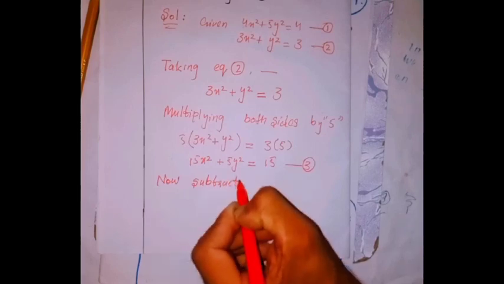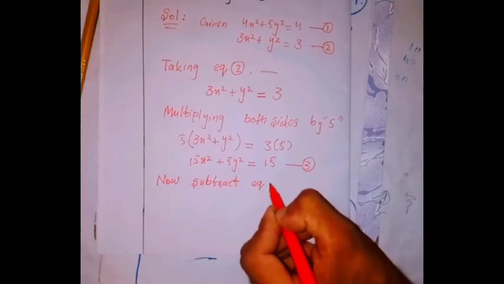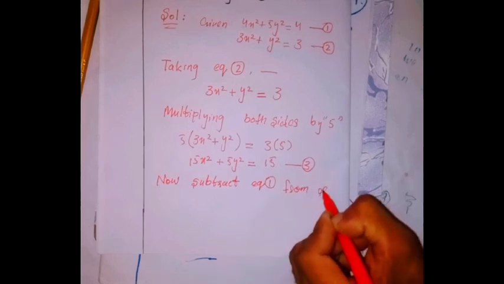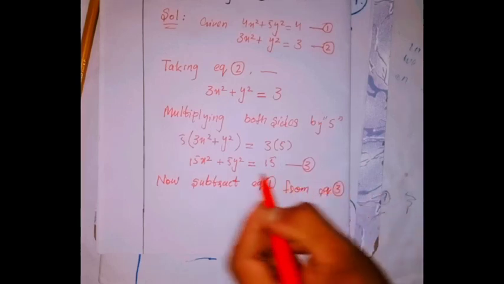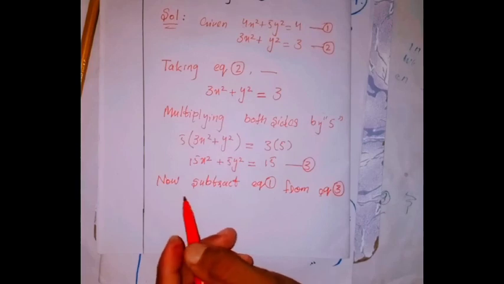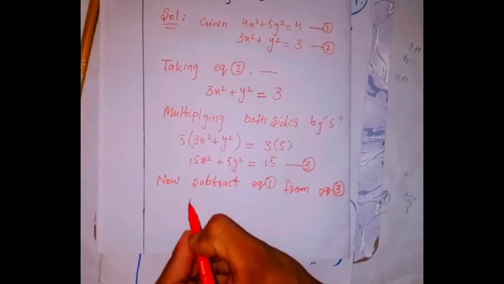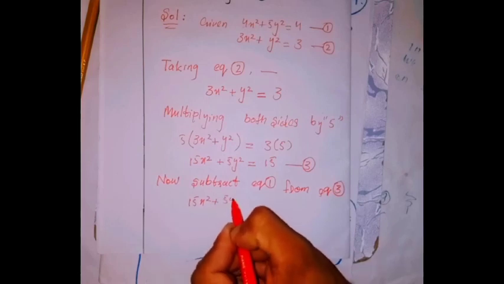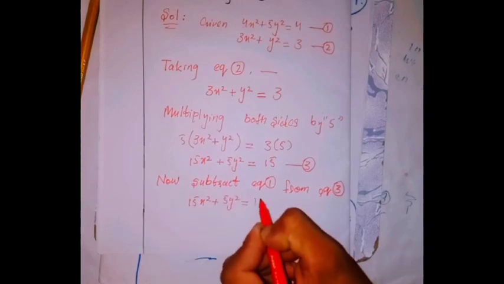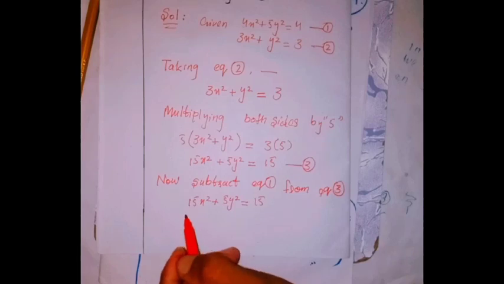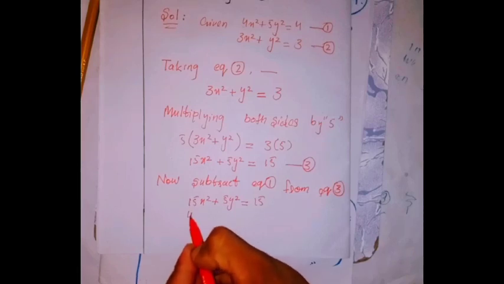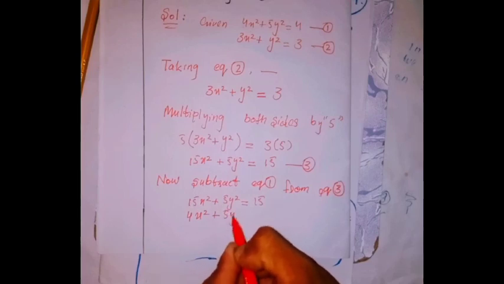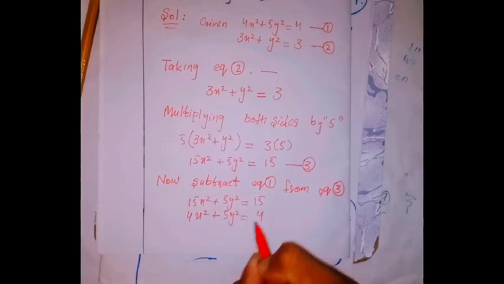Now we have to find out the value of one variable. It may be x or maybe y. So to find out the value of one variable, we subtract equation 1 from equation 3. So we can write 15x square plus 5y square is equal to 15, equation number 3, and equation number 1 is 4x square plus 5y square is equal to 4.